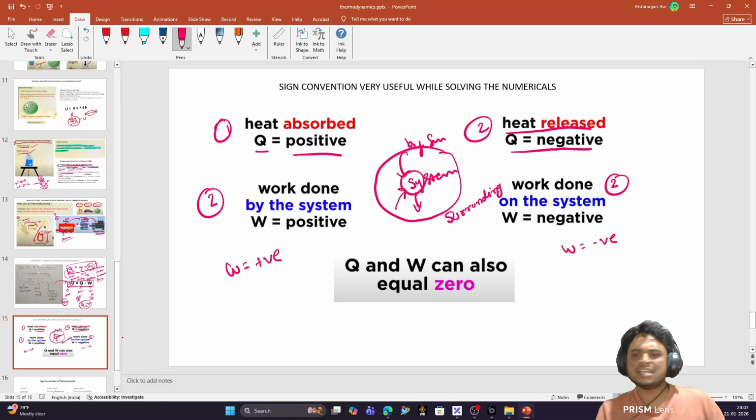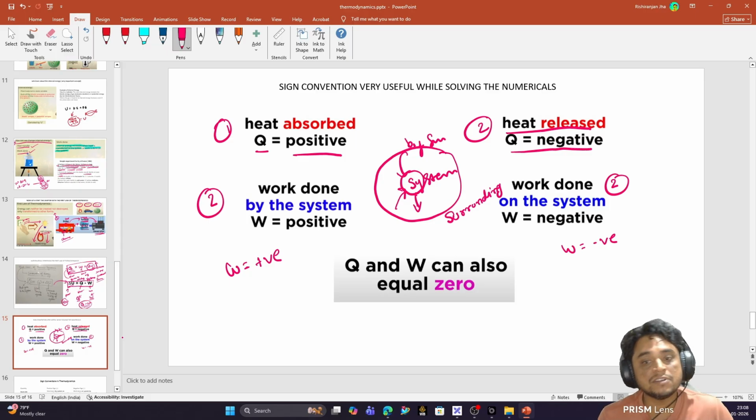Hope there is nothing much complicated in this. Why I am teaching you this sign convention is because it will be used widely when we solve numericals. Hope you understand this sign convention.